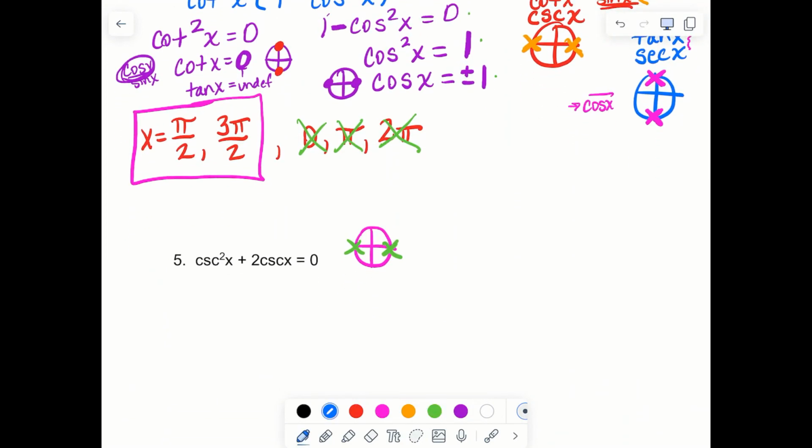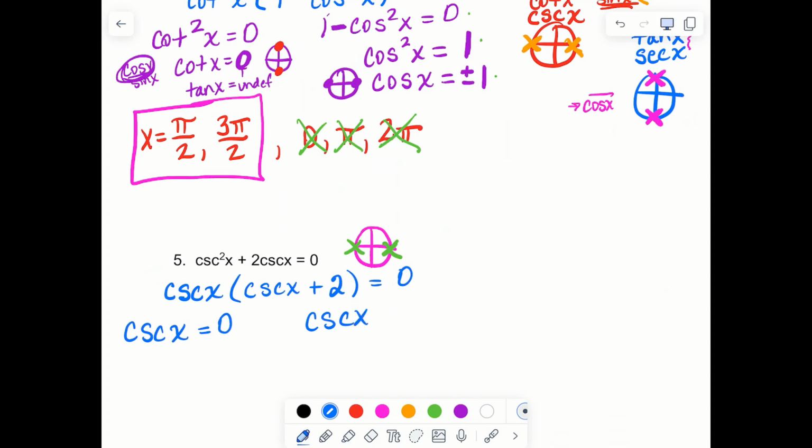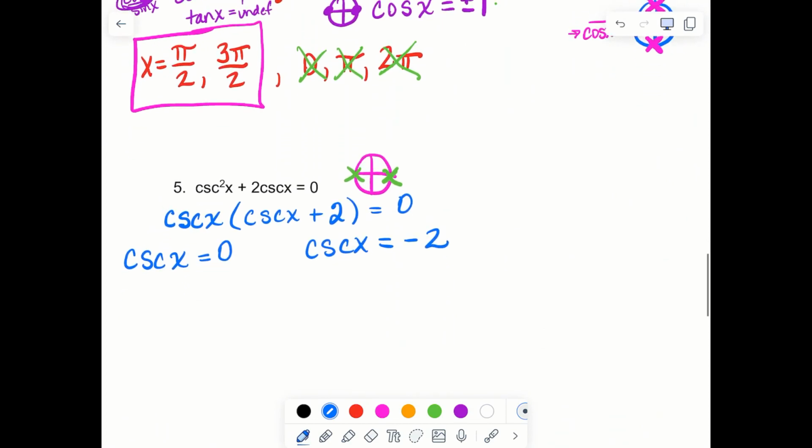So let's finish out number 5. Number 5, is it ready to factor? Yes, it is. I'm going to pull a cosecant out. I would have cosecant plus 2 is equal to 0. That would give me cosecant is either 0 or cosecant is -2. Now, anytime I get down to the reciprocal functions, cosecant or secant, I don't know those all that well, so I change them to sine.